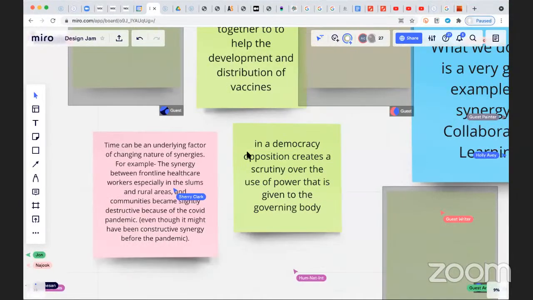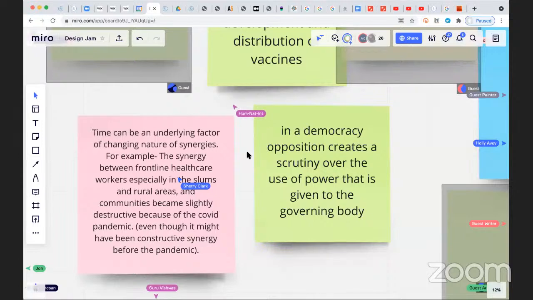Hi, I can maybe speak to this. So I was thinking about how synergy in itself is not a static concept, and it changes over time. One destructive synergy can become more positive or vice versa. The example that I've used here is the synergy between two different parts of a system, which is public health.